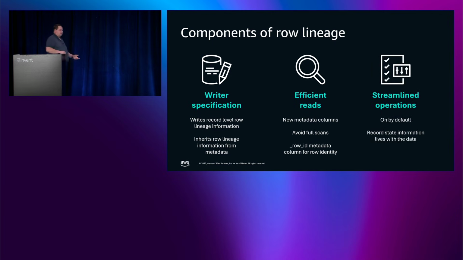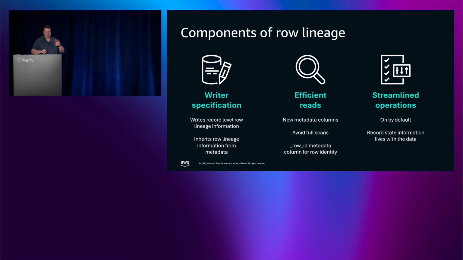And then from an operational standpoint, row lineage is a required feature. So it's on by default, there's no knob to turn it off, and that information is just there with you to consume. The other thing I like about row lineage, for those that have ever dealt with a split brain type scenario where you've had state information get out of sync with data, is a neat little side benefit.